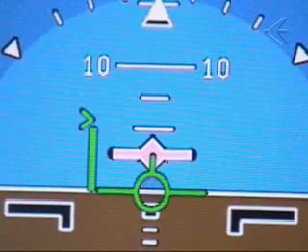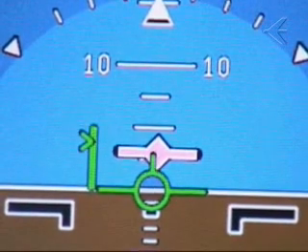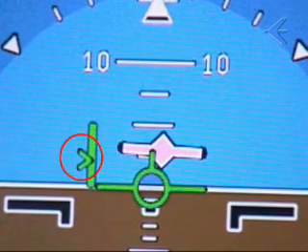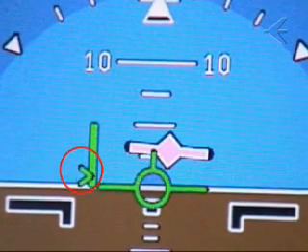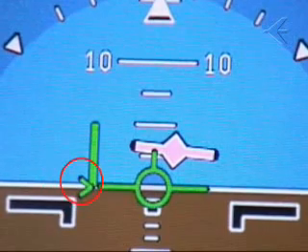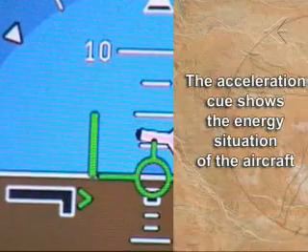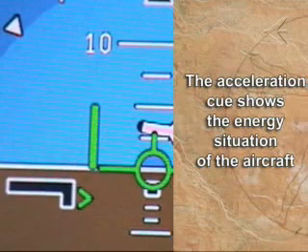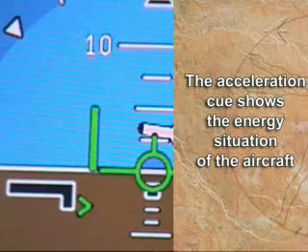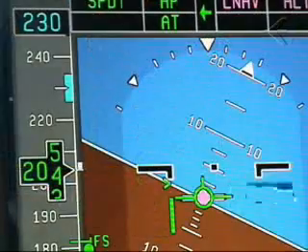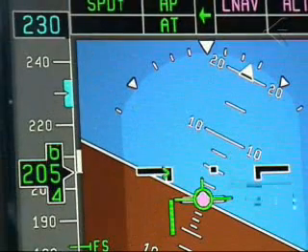Another interesting symbology related to the FPA is the acceleration cue, a chevron that moves up and down beside the left wing. It depicts the acceleration or deceleration of the aircraft along the flight path and is useful as a throttle control indicator. When the acceleration cue is above the wing of the flight path symbol, the aircraft is accelerating.